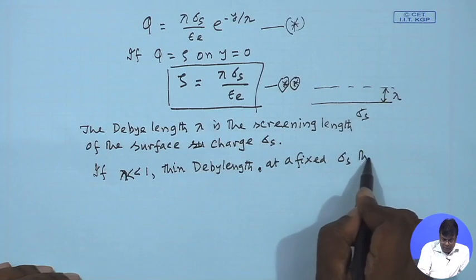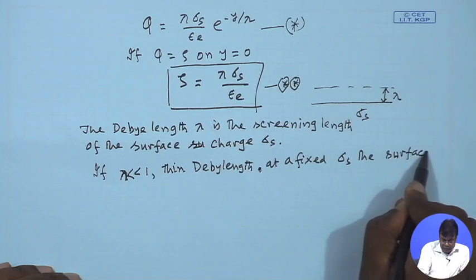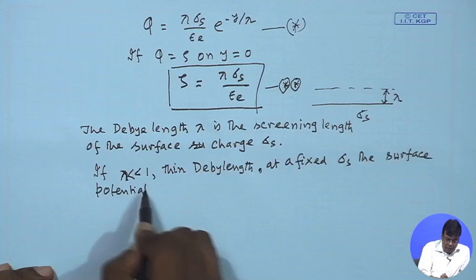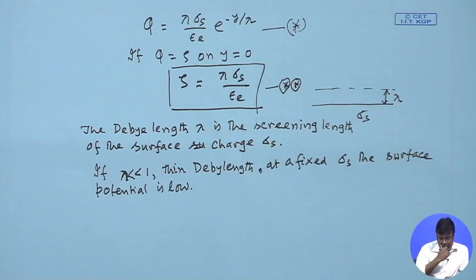The surface potential is low, which means it is screened heavily.